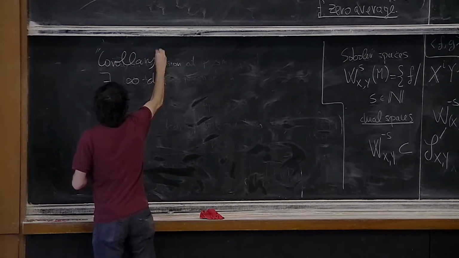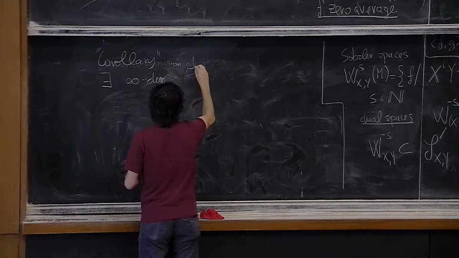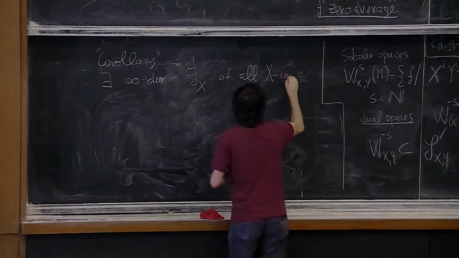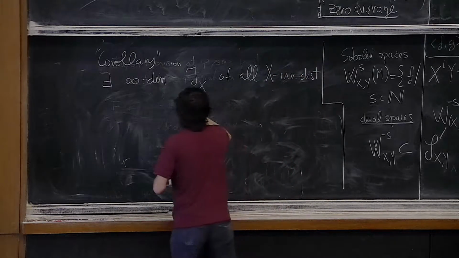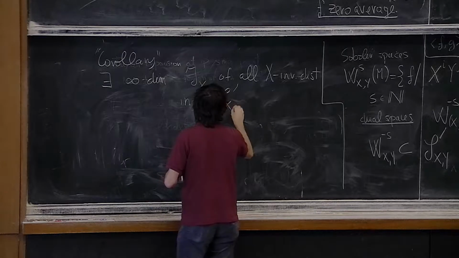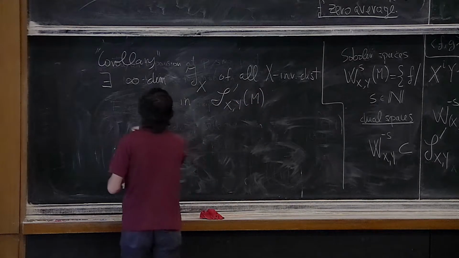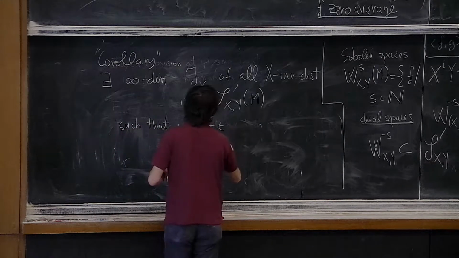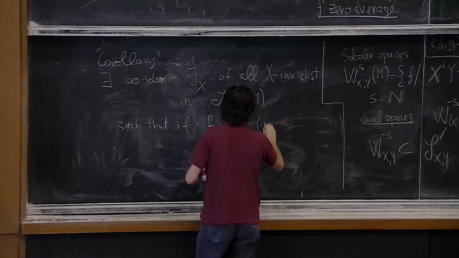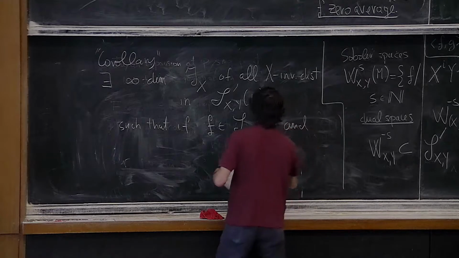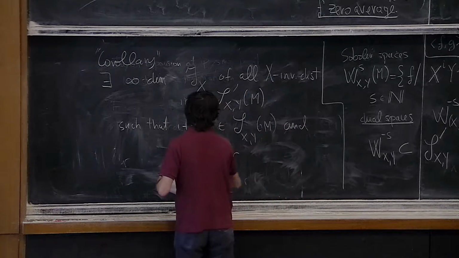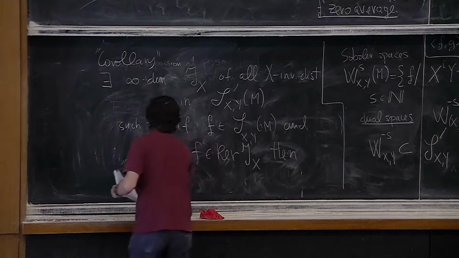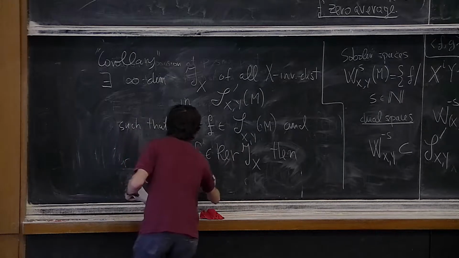But essentially corollary, there exists an infinite dimensional space Ix of all X invariant distributions in S prime, such that if f belongs to S, and in fact belongs to the kernel of this Ix, then the solution U is also in S.